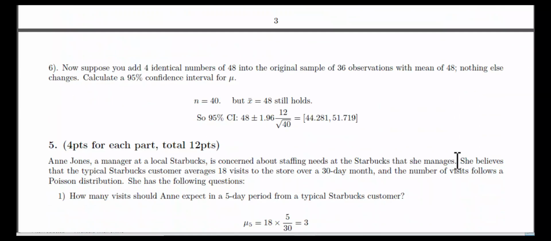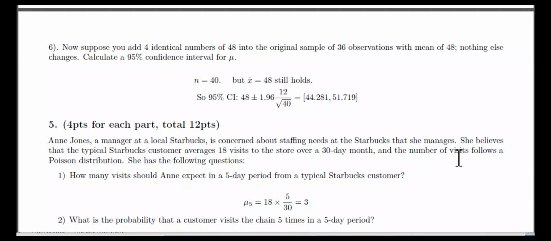For part 6, we already have 36 observations with a mean of 48. We add 4 identical numbers of 48 to the original sample, and nothing else changes. Calculate a 95% confidence interval for mu. What has changed? First of all, the sample size has changed, because originally we had 36 and now we have 4 more, so n equals 36 plus 4 equals 40.